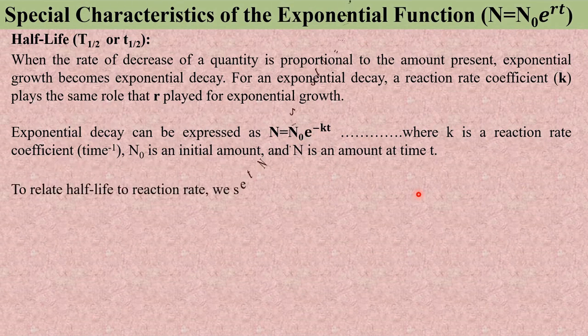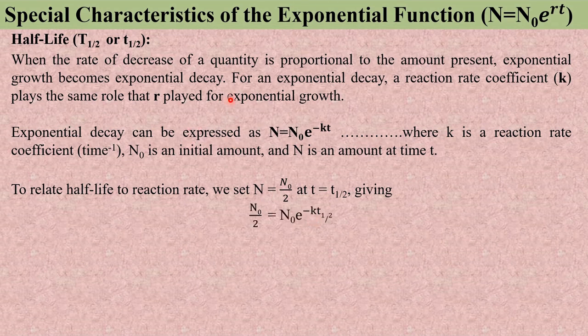So here we relate half-life to the reaction rate. Then we say N is equal to N0 by 2 at time t is equal to t half. That means after some time from 0 to t half, the initial number becomes half. That is, the final number N would be N0 by 2. So we replace N with N0 by 2 and the rest of the thing is the same.